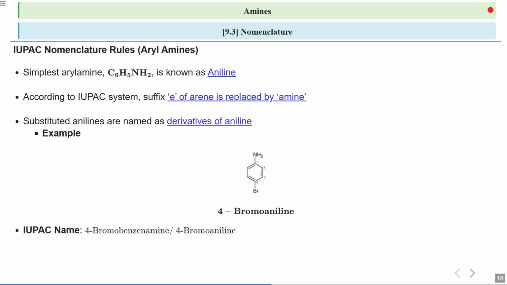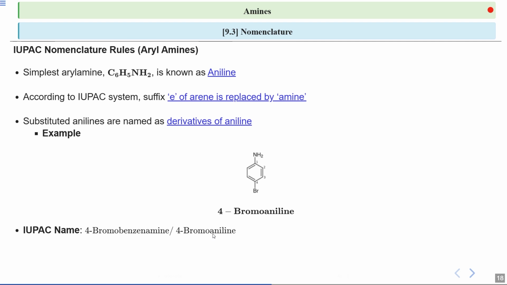If I talk about the IUPAC name, I told you that the E of arene is replaced by amine. So over here it is 4-bromo-benzene amine, because E is replaced by amine. This is also correct, or 4-bromoaniline is also correct. Both names are accepted, but benzene amine follows the strict IUPAC rules, while aniline is commonly used.